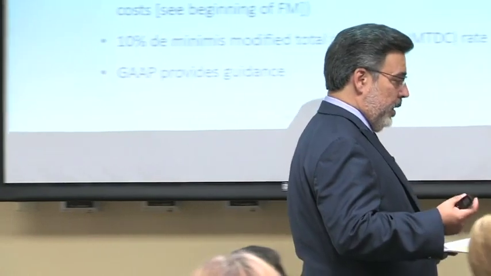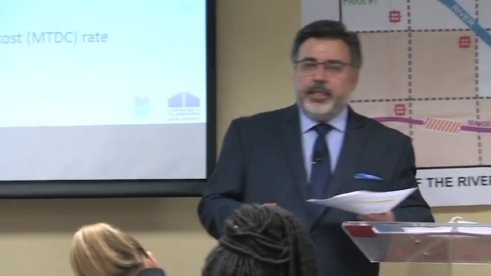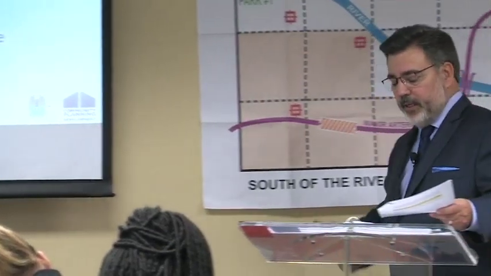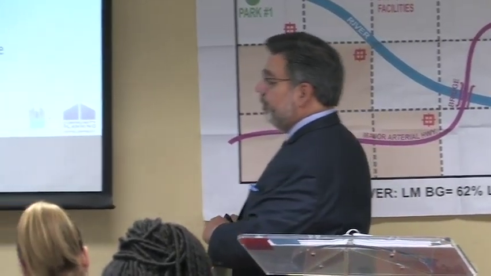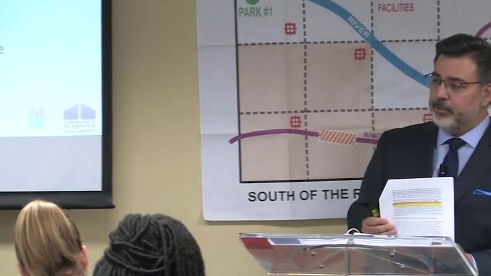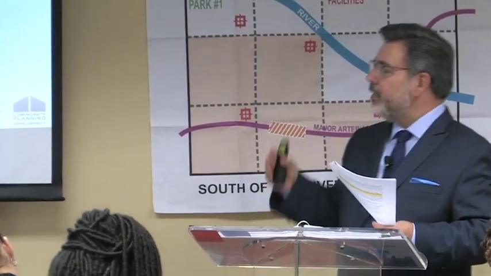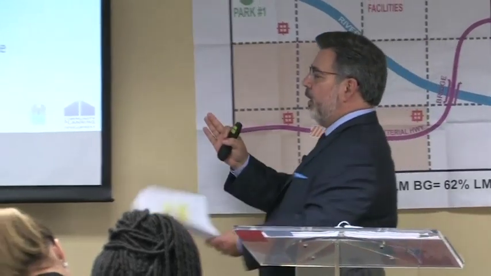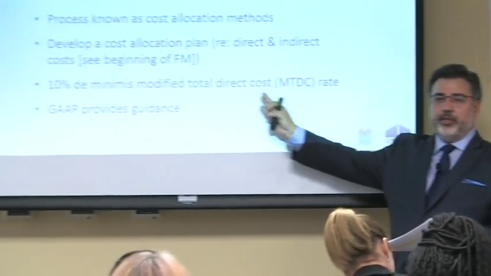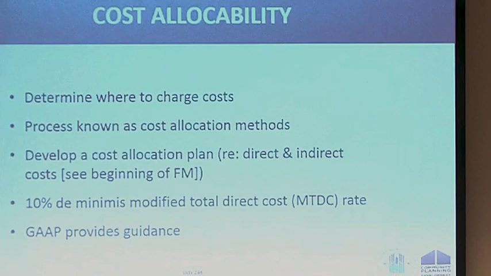Okay? Under the OMB, the 2 CFR Part 200, this is a new element in which anybody who's asking for this, you must allow them to use this. What is it? Okay.